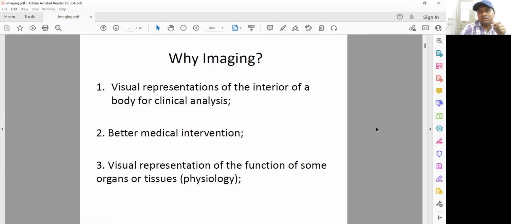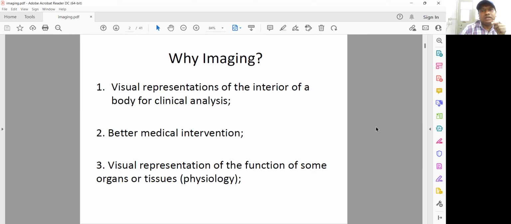But when we go for imaging, these things get clearer: what the actual tumor is, what space it has taken, how it looks, what volume it occupies, or whether a particular cell has really been infected with cancer or not.